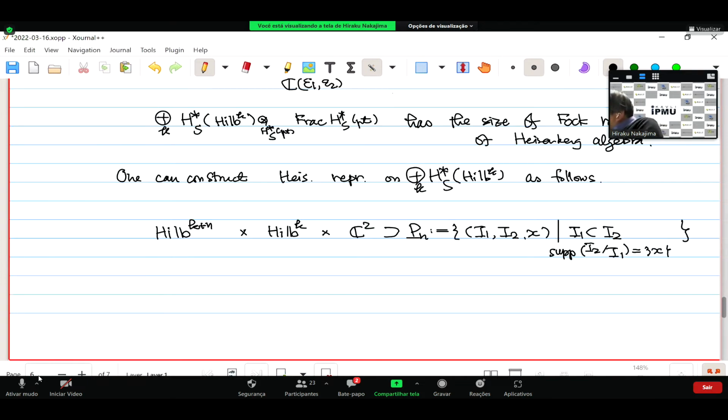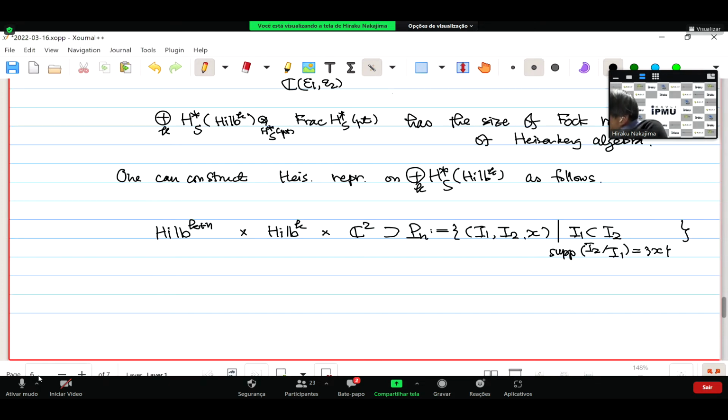If I_1 and I_2 are k distinct points and k plus n distinct points, then I_1 contained in I_2 means that these k points are contained in the k plus n points, and the quotient is the remaining n points. But I must consider that these n points are not distinct; they are concentrated at a single point.